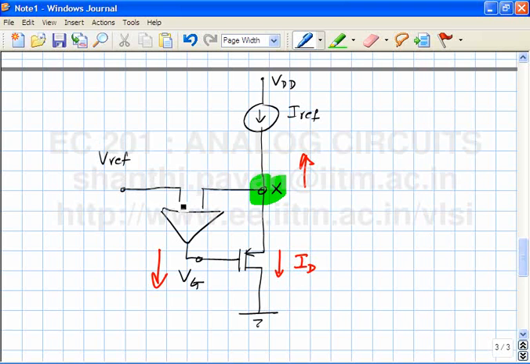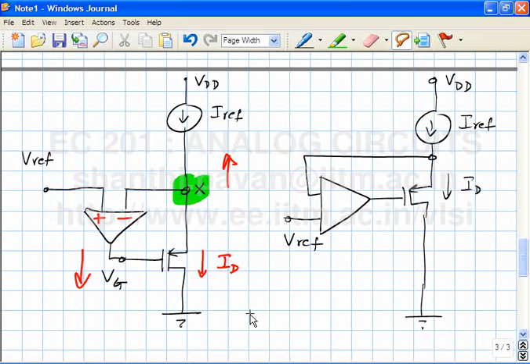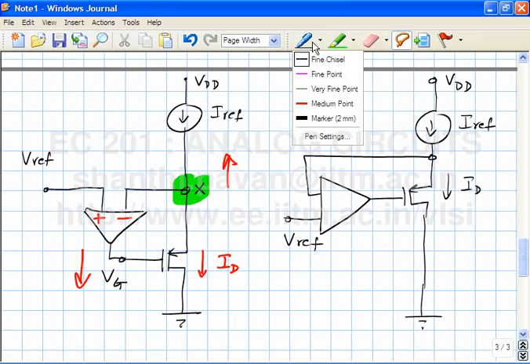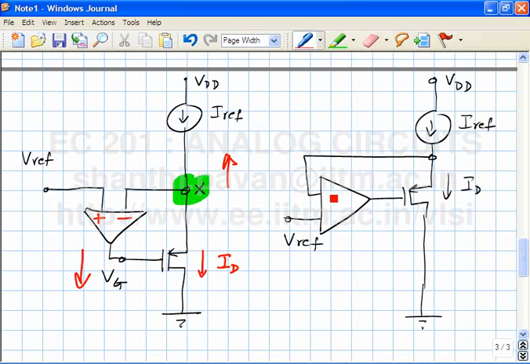So what are the signs on the op amp? Which is plus and which is minus? The left is plus, the right is minus. And which is plus and which is minus of this op amp? Minus is on top, plus is on the bottom. Okay, the same circuit, just looks different, that's all.